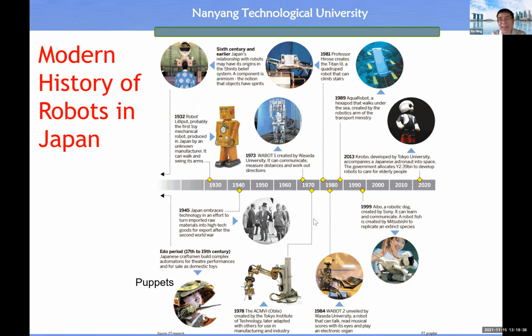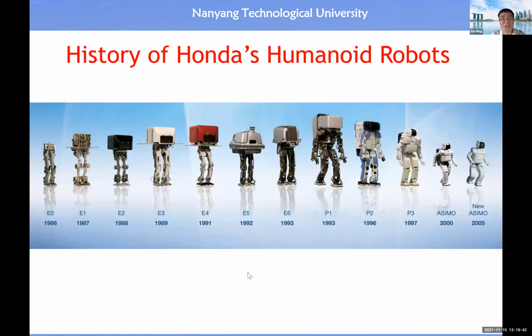In particular, I would like to highlight the achievement made by a single company in Japan. You will see Honda is an automobile company. However, it has heavily invested in the development of a robot, in particular, the development of a humanoid robot.